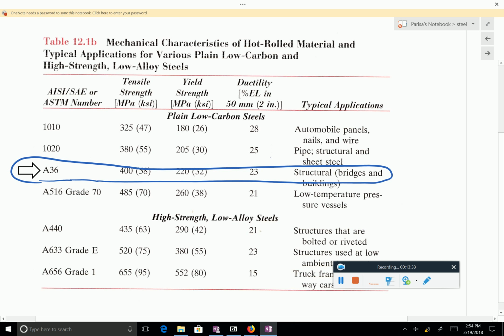So for example, if you choose A36, you know what tensile strength and yield strength you would expect, or what the percentage elongation would be. So you decide on what type of properties you need, and then you go to the catalog and search for the right type of material, if you want to imagine how the design process works.